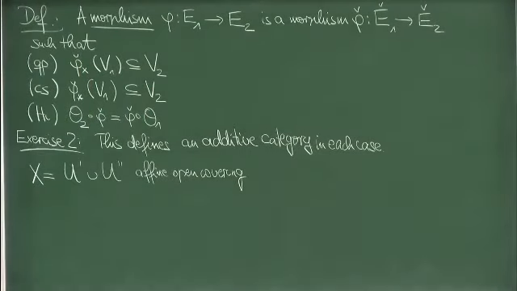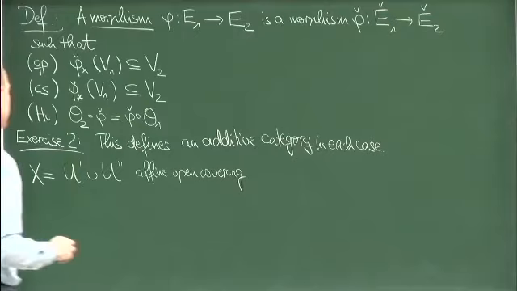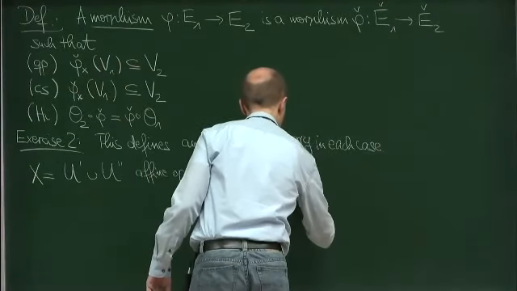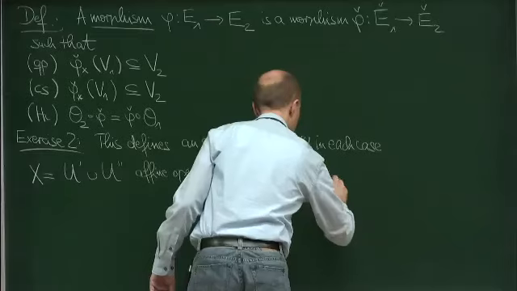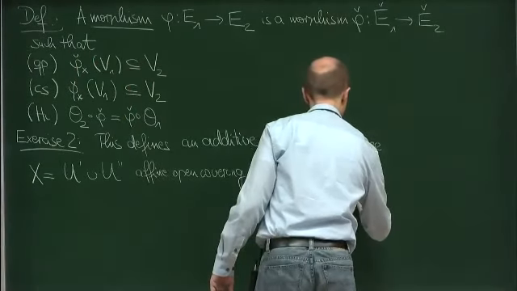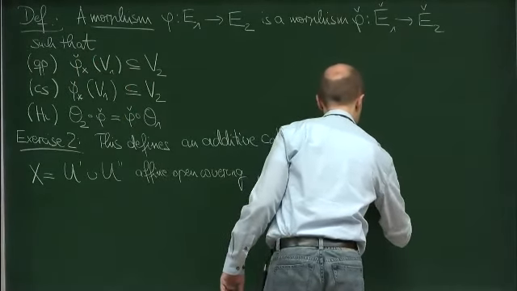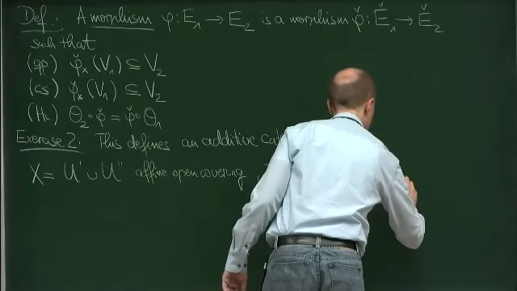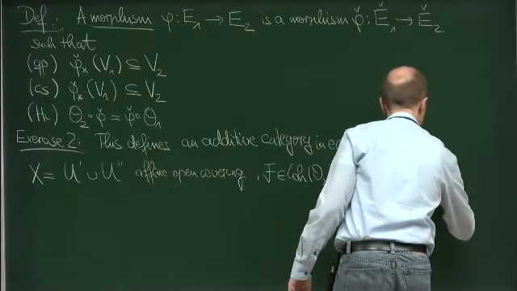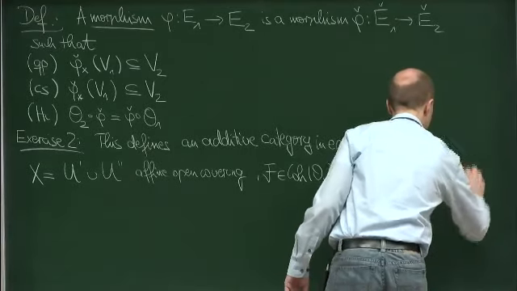If you've made that choice, then you can associate to every coherent sheaf on the curve its Čech complex, which I'm going to denote by C bullet of F.